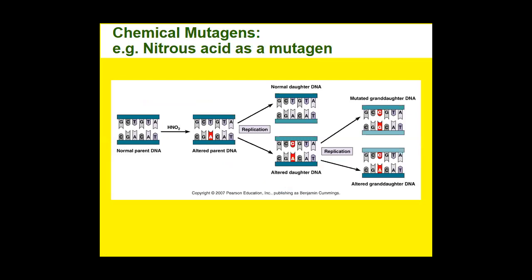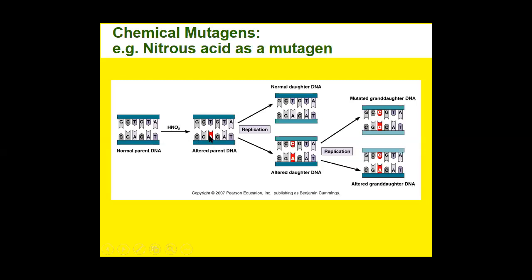Chemical mutagens such as nitrous acid can act as a mutagen, and what nitrous acid does is it binds to a nucleotide such as the A here, and then it chemically modifies this A. It is still adenine, but it's slightly different.